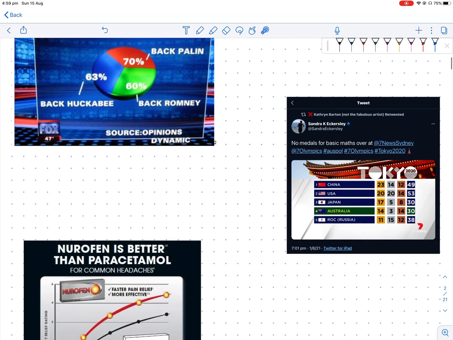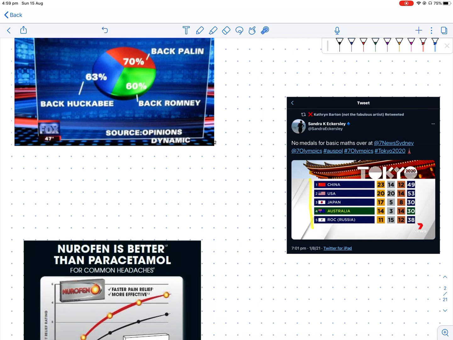This one I found just recently. It was on Twitter, and this person mentioned there were some mathematical issues with this medal tally. This was quite a number of weeks ago. One thing to note when you're looking at the Olympics medal tallies is that they always arrange it in order of gold medals, from most gold medals to least.